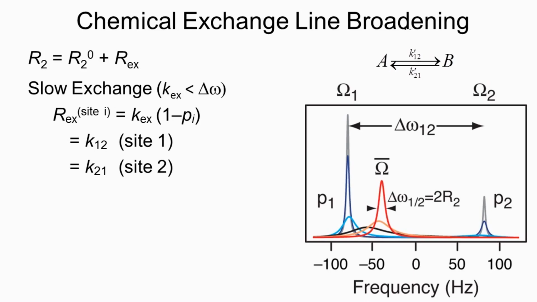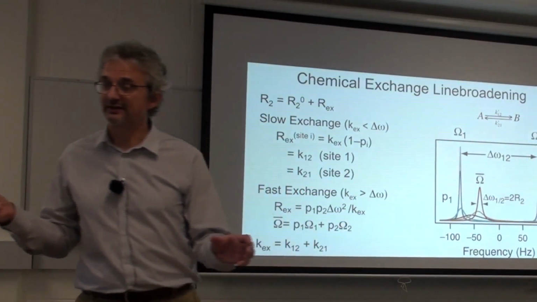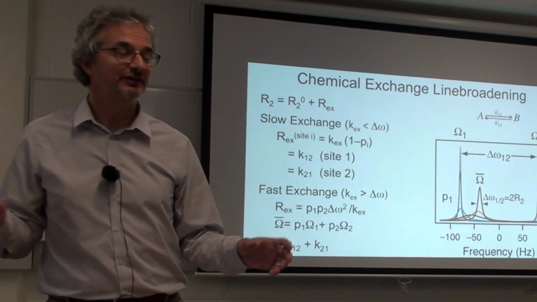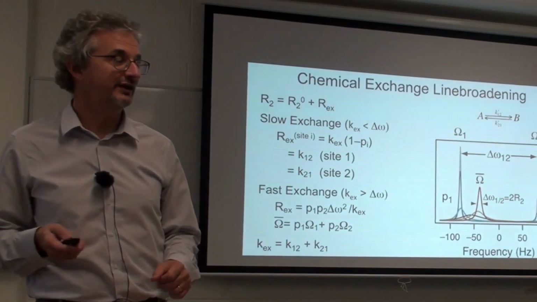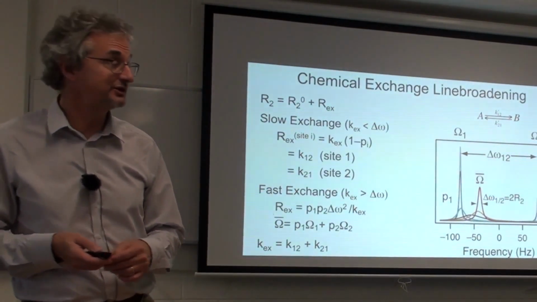And the resonance line for state B is broadened by K21, the rate constant for jumps from state B to state A. And then in fast exchange, we get the expression that we're used to, the adiabatic contribution to R2 from a two-state jump. So in slow exchange, the two lines are broadened basically by the loss terms, the jump rates out of that particular state. And in the fast limit, we have the single line and then our adiabatic expression.